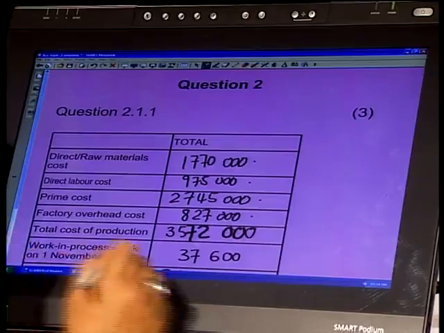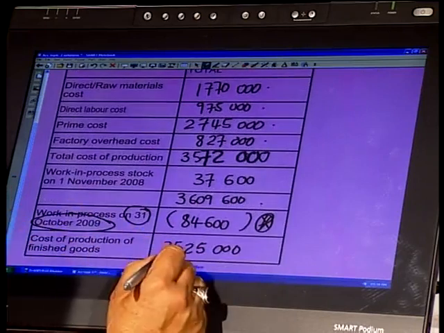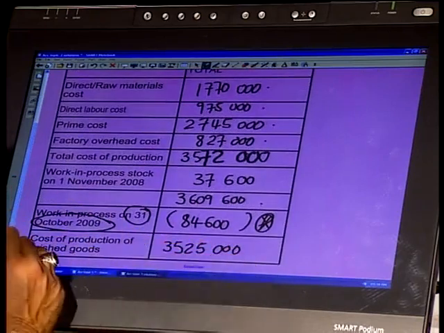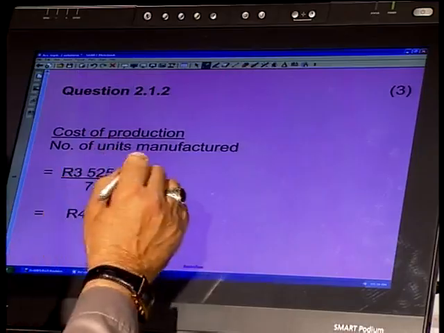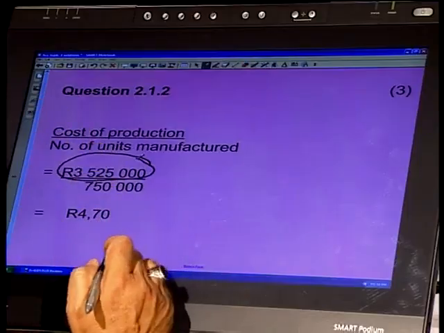What are you expected to calculate? The unit cost of production. In order to do this, you need to take your total cost of production. Remember, we calculated it. Here goes, 3,525,000, and therefore that's where we're going to use that figure.